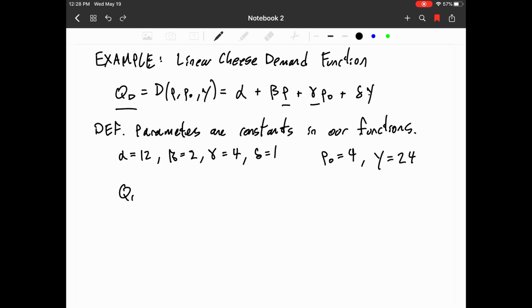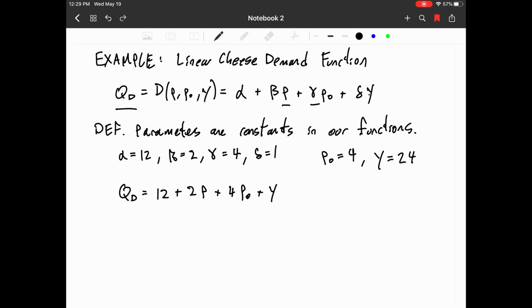So first off, we'll plug in the parameter values. Alpha is 12 plus beta, which is 2 times the price, plus gamma, which is 4. We're going to multiply this by P0 for just a second. Then we have delta, which is 1, so we're going to drop it, and all we have is y.